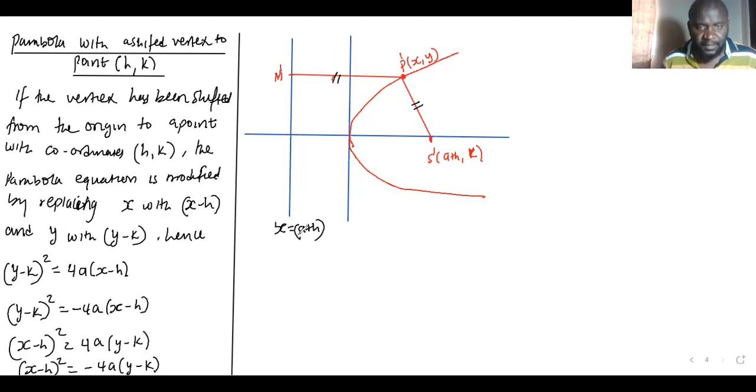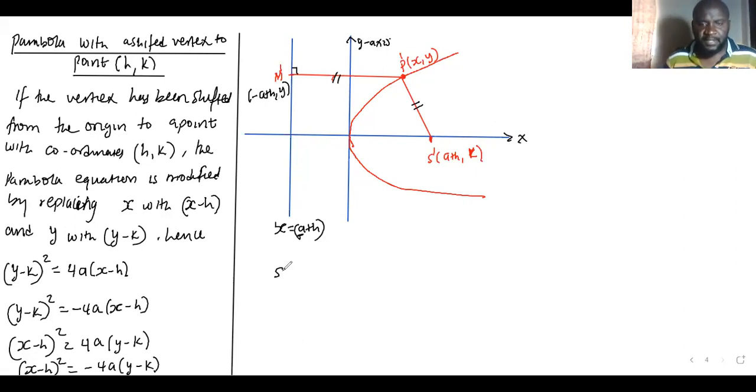This is a negative a, because if this was the y-axis, you have shifted this to be horizontal, the x now meaning the horizontal. So at this point, M will be at (−a + h, y).